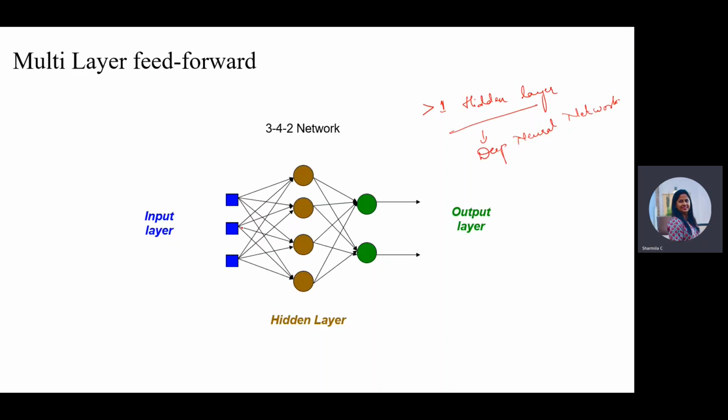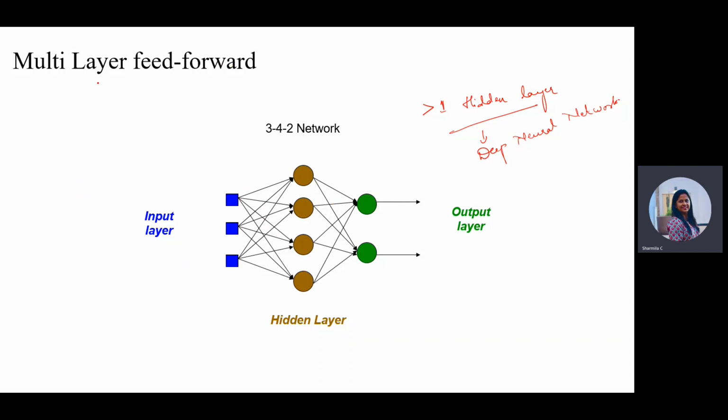Fine. So what we can see here, we have the input layer. The input to these input layers may be from the previous layers. So this input layer will be sending the information to the hidden layers. Hence they are considered feed forward. We are always feeding in a forward manner, hence these types of networks are called feed forward.